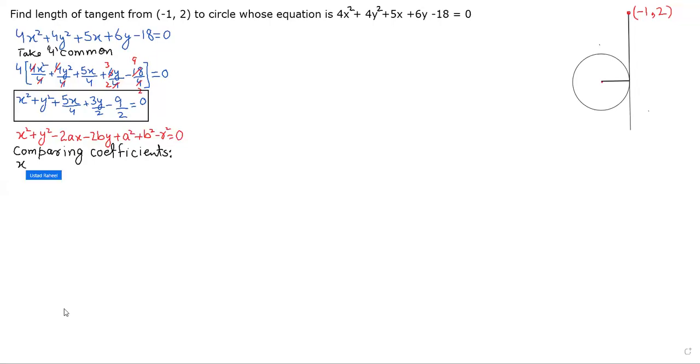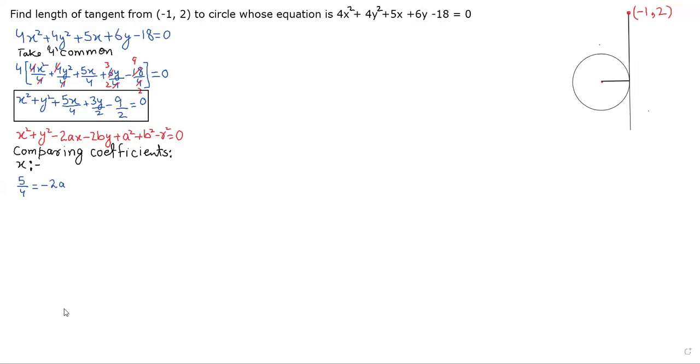So first of all, I'm going to start with the coefficient of x. In the box, the coefficient of x is 5/4, and in the red equation the coefficient of x is minus 2a.